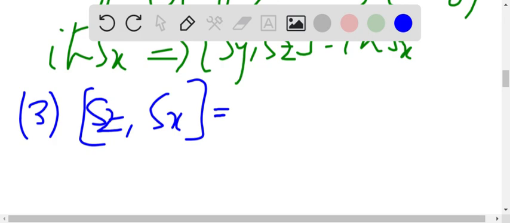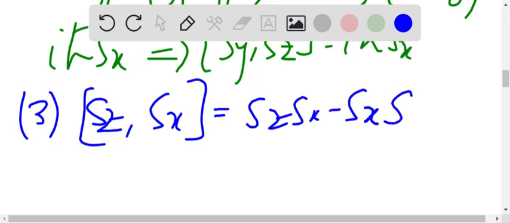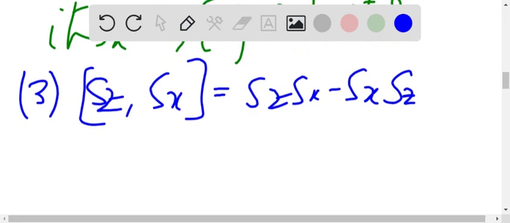So for part 3, what we are going to do over here is that we have S z and S x. Same as the above one, we'll write it as S z S x minus S x S z. We are going to solve it just like we solved the above two parts.